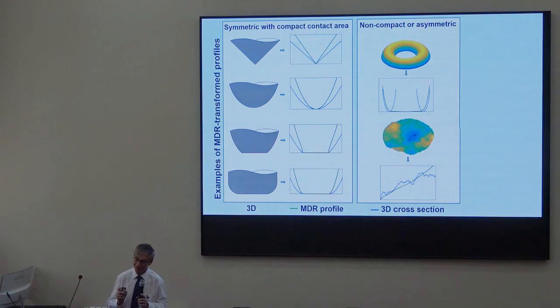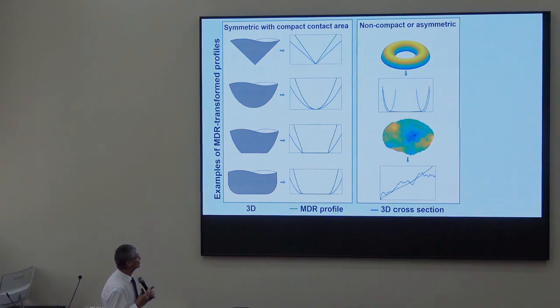Now we considered axisymmetric profiles. Basically, the effective MDR profile can be defined for arbitrary shape. On the left, you see 4 axisymmetric profiles. The cross sections are shown with blue lines, and the effective, this transformed MDR profiles are shown with green lines.